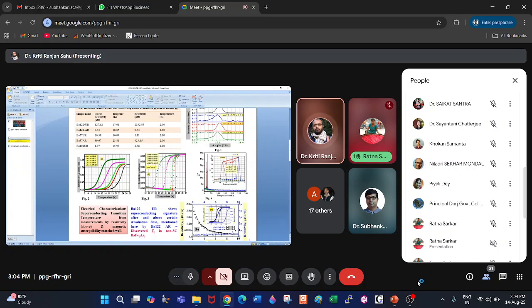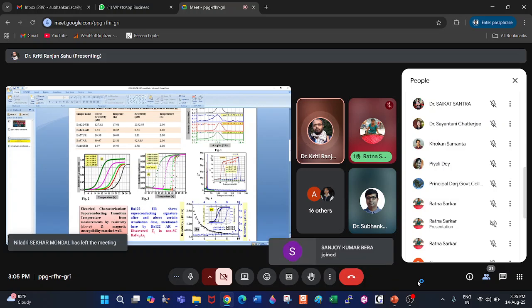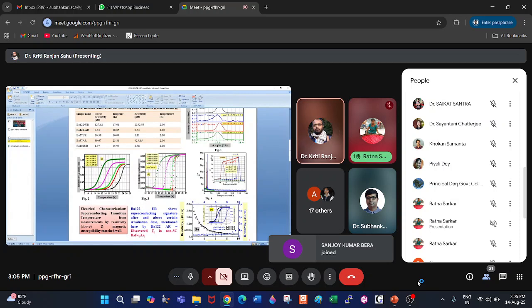Coming to the point in our compound, in our sample, Co-doped BaFe2As2 compound, we observed a huge change and measured the electrical resistivity and the magnetic susceptibility. The change is near about 8 Kelvin, that is a huge change.